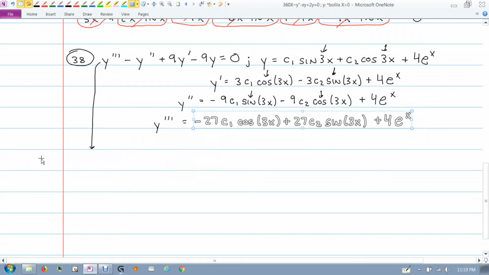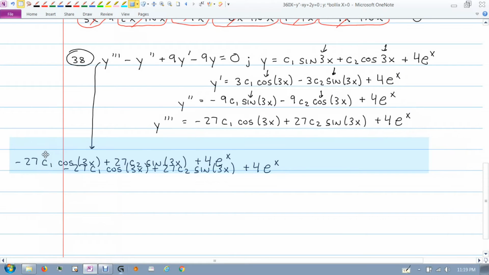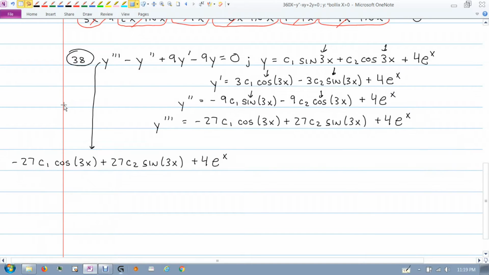Copy that. I'm going to paste it over here. Way over here. Okay, so that's y triple prime, and then minus y double prime. So here's y double prime. Let me erase some stuff so I can copy it. I'm going to grab that guy.